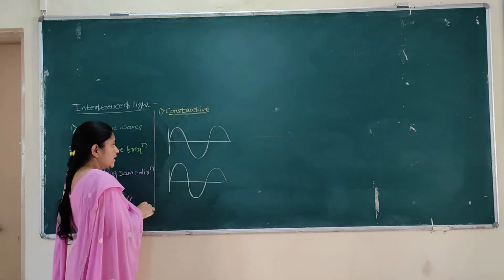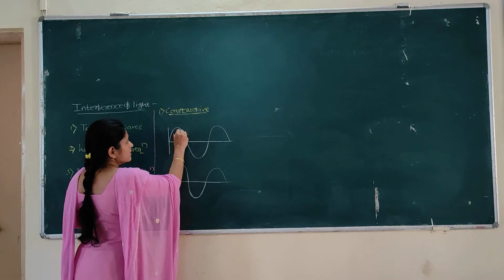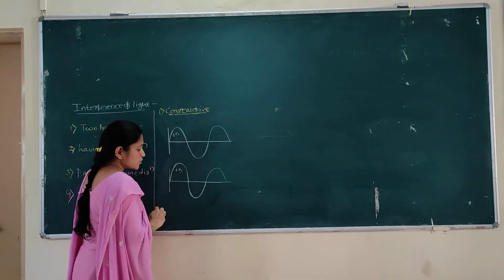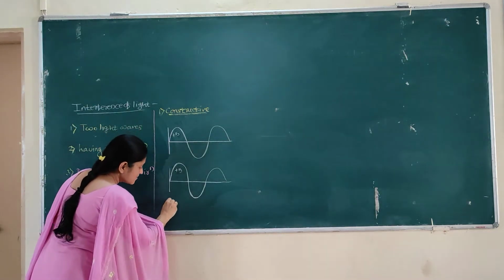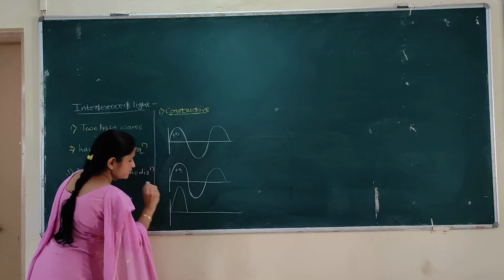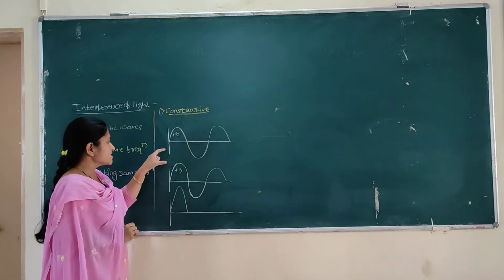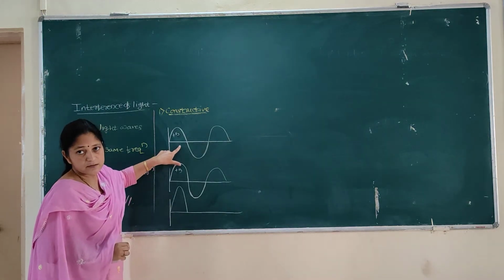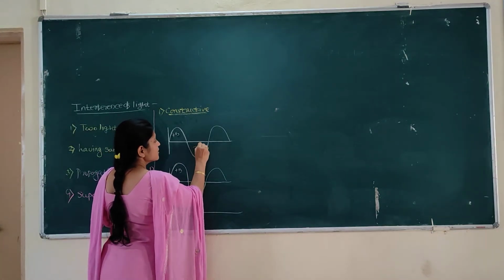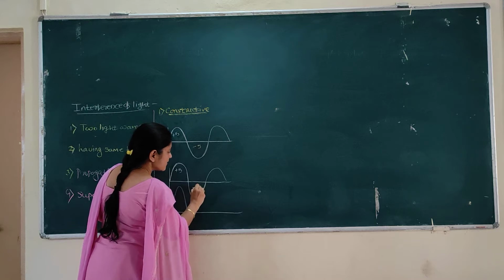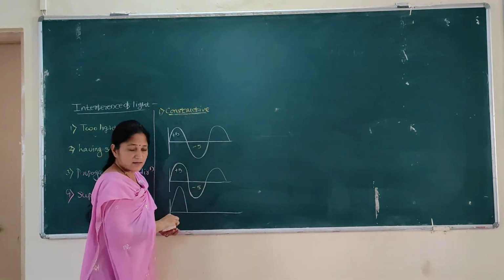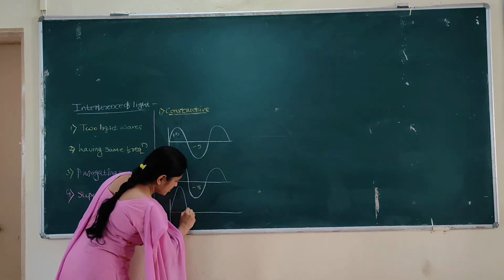For example, if this is a plus 5 crest and this is a plus 5 crest, the resultant amplitude is plus 10. Similarly, if this is a minus 5 trough and this is a minus 5 trough, then the resultant amplitude is minus 10.